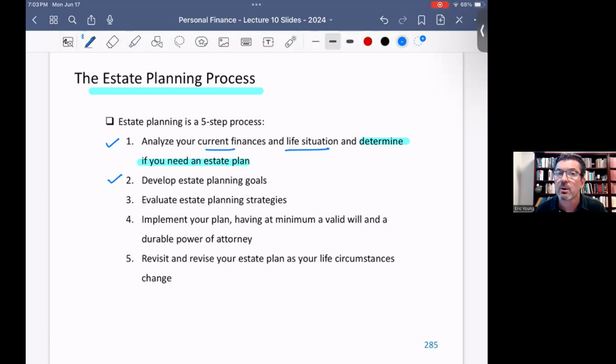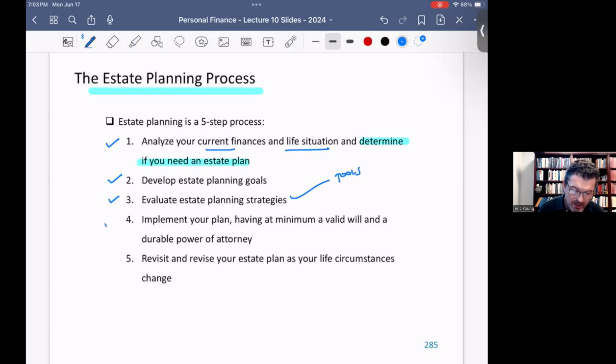You're not going to be around when this thing is drawing itself out, so you have to be really clear up front. What do you want to achieve through this process? I'll share some ideas in the next slide. Number 3, you then need to evaluate different estate planning strategies, including identifying the right tools for the job.